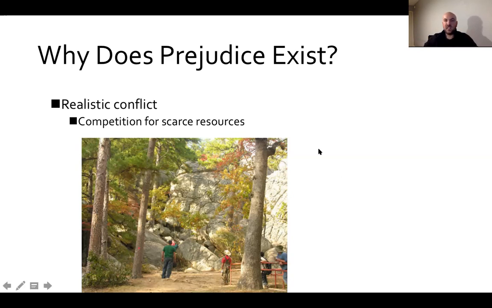And the first study that really targeted it in a field context was the Robbers Cave experiment. Muzafer Sherif was a social psychologist at the University of Oklahoma, and just outside of the university, there's Robbers Cave National Park.